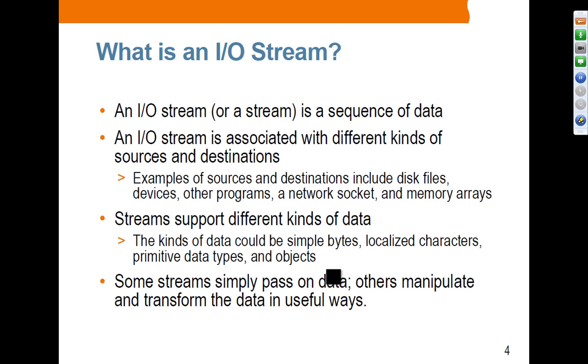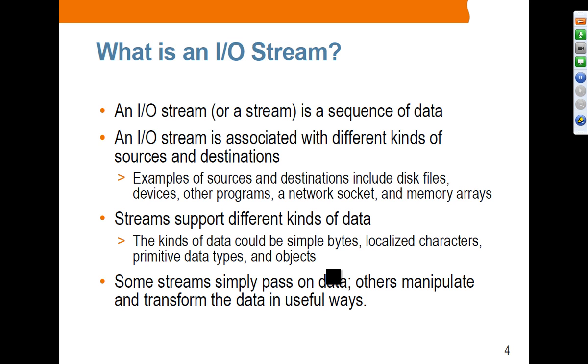It could be a file, or it could be devices, or it could be a network socket, or it could be memory, right? And those things also could be destinations. We could actually write things to a file, or to memory, or to a network socket, and things like that. So an IO stream is associated with a source and destination, and there are different kinds of sources and destinations.